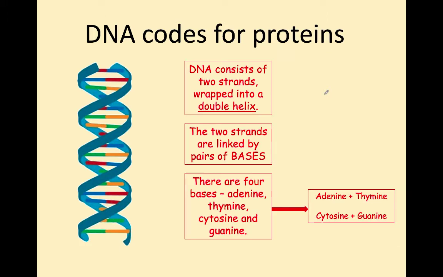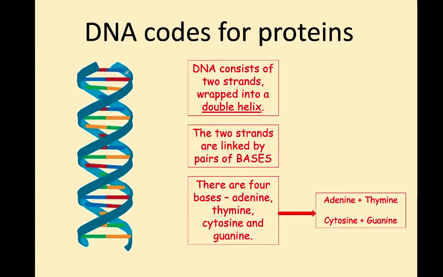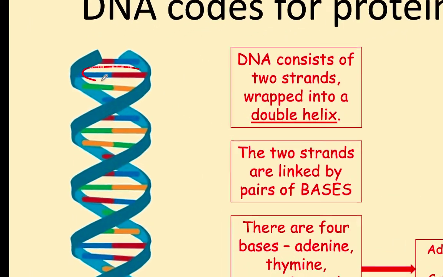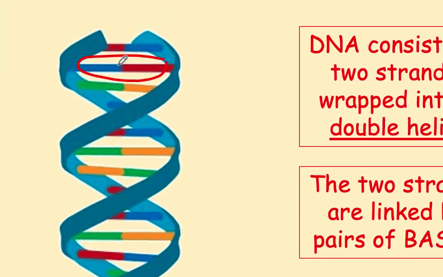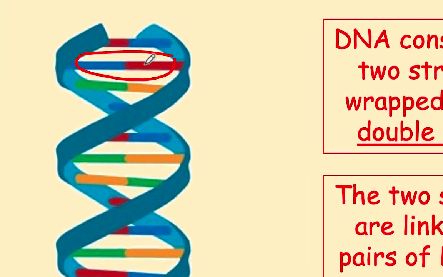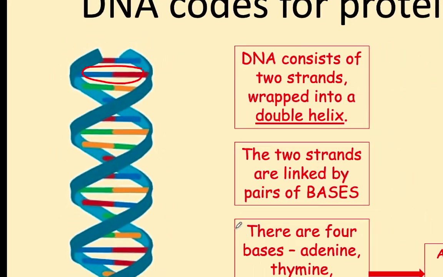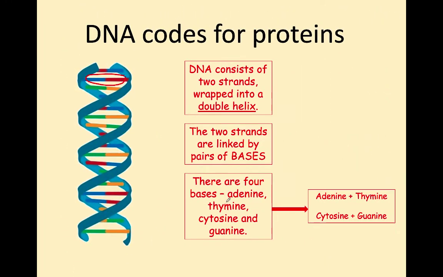A bit of background now about DNA. First of all, DNA consists of two strands wrapped into a double helix, you can see here. The two strands are linked by pairs of bases, so between the uprights of a ladder, you've got these rungs, and these rungs are pairs of bases. There's one here and one there, and there are four bases, called adenine, thymine, cytosine and guanine.